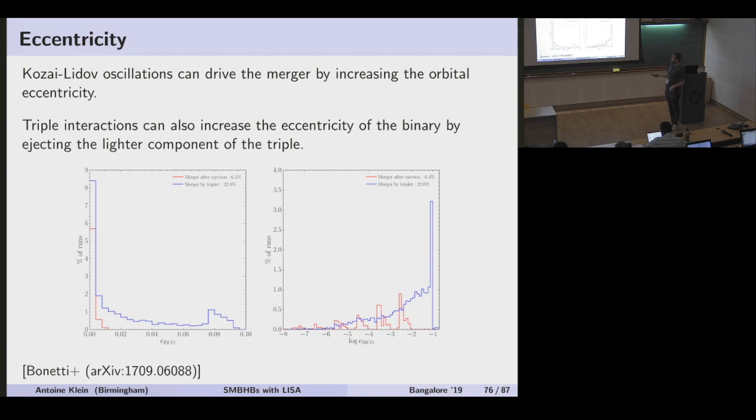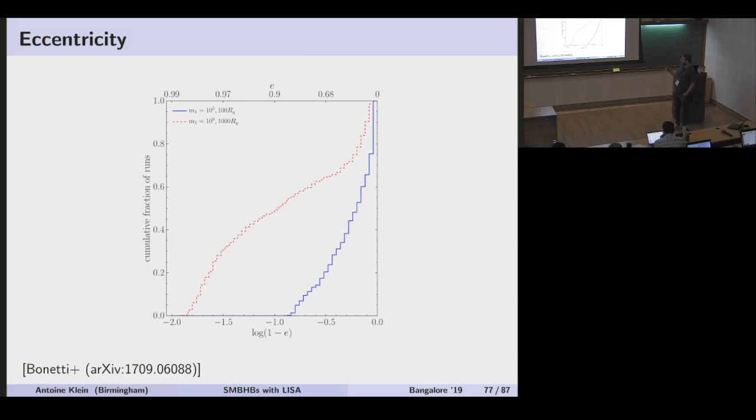And in blue, that's when you have those resonances. And you can see that even at ISCO, you still get eccentricities up to 0.1 in that case. And during the inspiral, the gravitational wave emission tends to reduce the eccentricity significantly. So if at ISCO they have an eccentricity of 0.1, that means that when they enter the LISA band, they will have extremely high eccentricities. And that's the next plot.